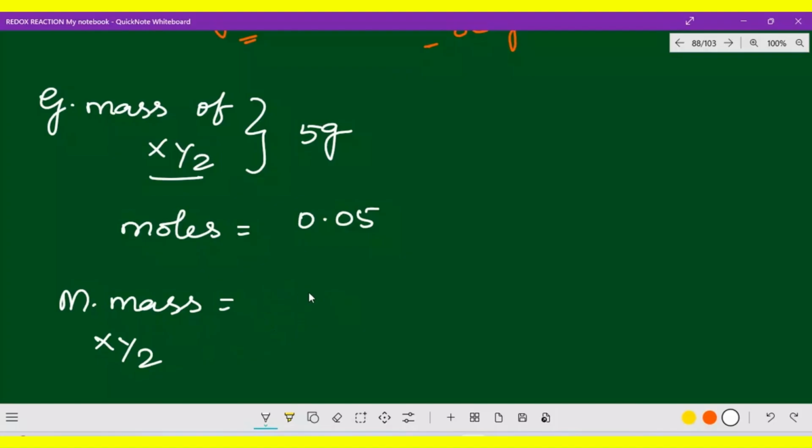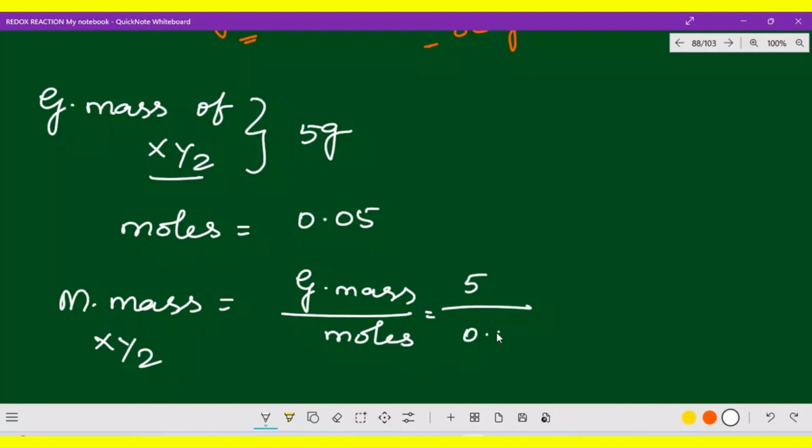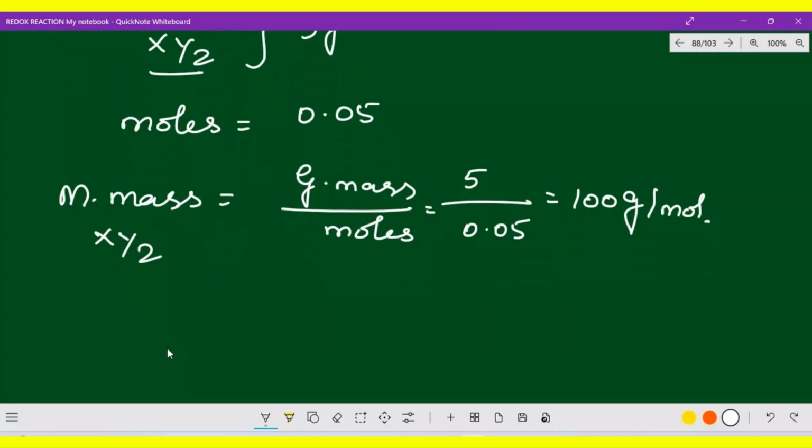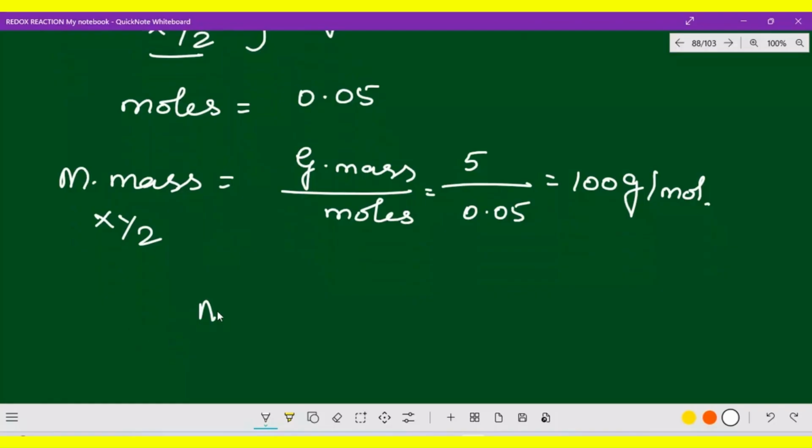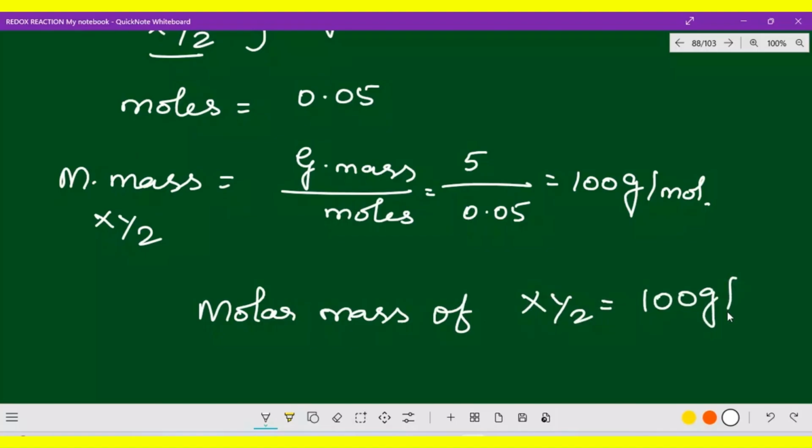How to identify? Given mass by moles, you will get molar mass. So given mass is 5 gram and moles 0.05. So you will get molar mass 100 gram per mole. So the molar mass of XY2 is equal to 100 gram per mole.